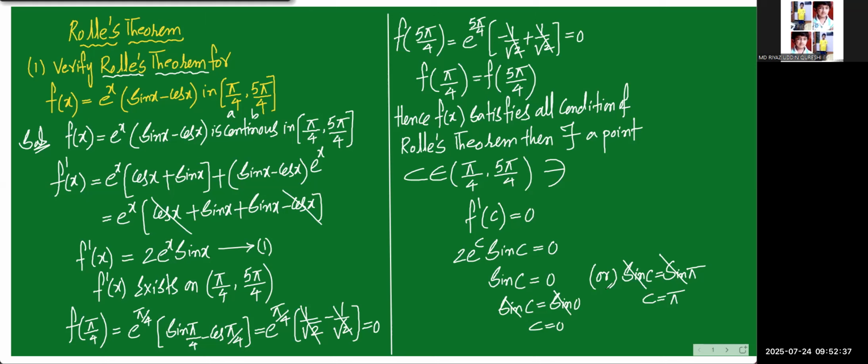Now let me check which value lies in this interval. If c is equal to pi is the only value, therefore c is equal to pi should lie between 45 degree to 5 pi by 4. 5 pi by 4 means how much? Can you tell me, anybody?